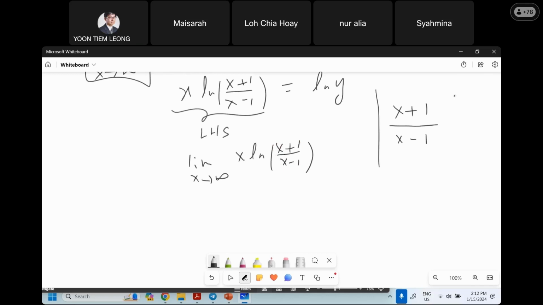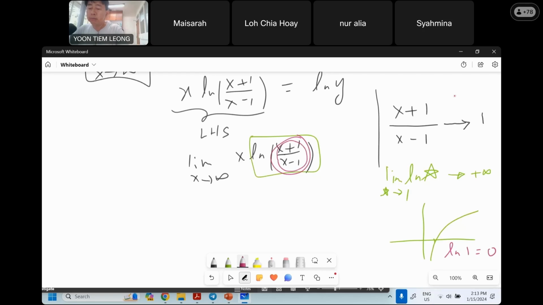Likewise, x minus 1 will also be going to infinity. So in the limit where x goes to infinity, the ratio will be approaching a value of 1. This argument will tend to 1 when x tends to infinity. So that would mean that the log term will tend towards 0 when x tends to infinity. So this is then a product of x multiplied with 0.